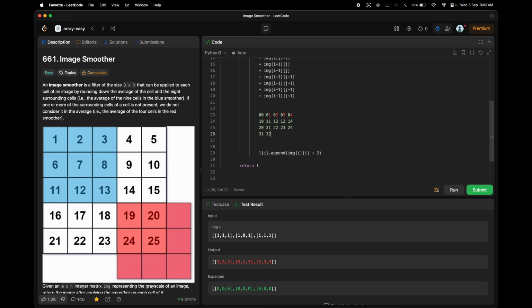What the hell am I doing? 3 0, 3 1, 3 2, 3 3, 3 4. I hope I'm not making any mistake. 4 0, 4 1, 4 2, 4 3, 4 4. Yeah, so these are the indexes.